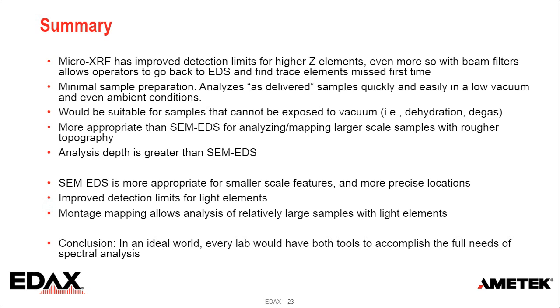Next question is, what's the difference between bulk XRF and micro-XRF? So bulk XRF also uses an X-ray tube to generate the source. It has larger X-ray beam diameters, usually millimeters or above. So they have a large analysis depth and area.